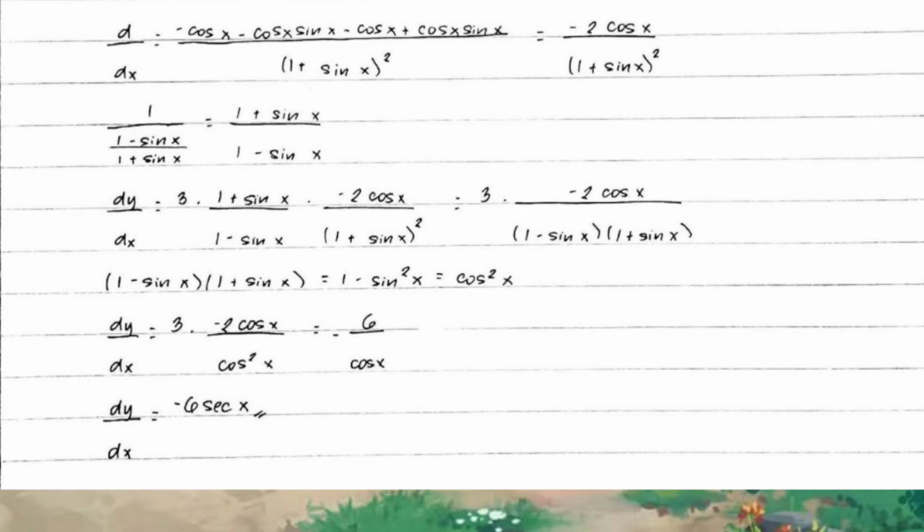Kaya kapag times to, magiging negative 6 over cosine x dahil makakancel yung cosine x sa taas and then matitira yung isang cosine x sa baba. So, pwede siya kapag yung derivative, pwede pa siyang maging secant. Kaya yung magiging final answer natin ay dy dx is equal to negative 6 secant x.